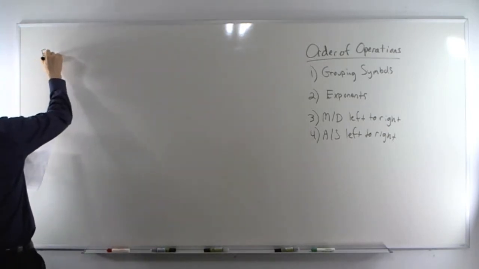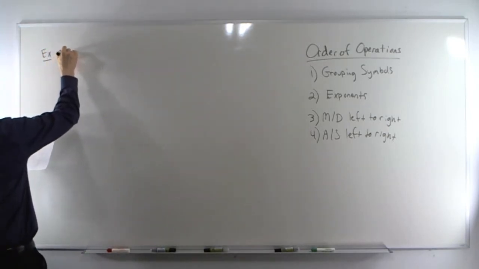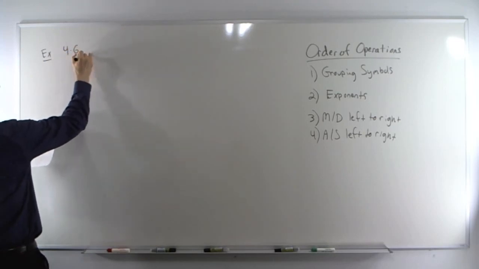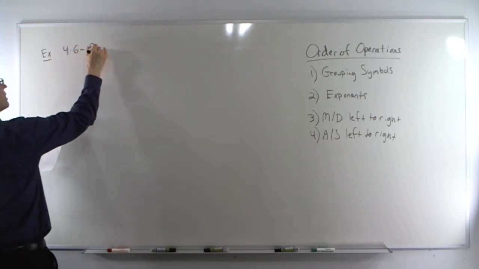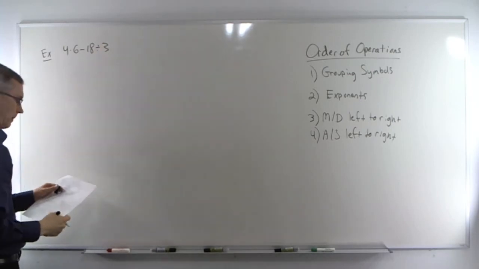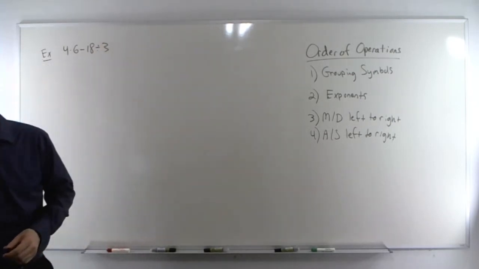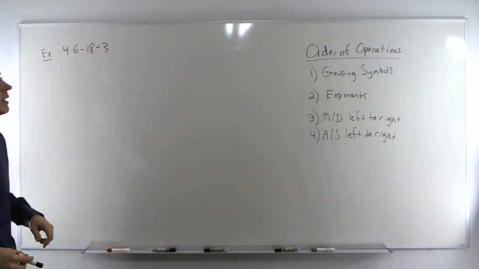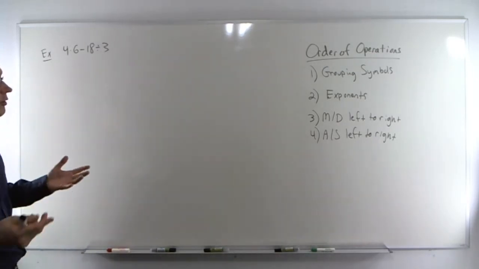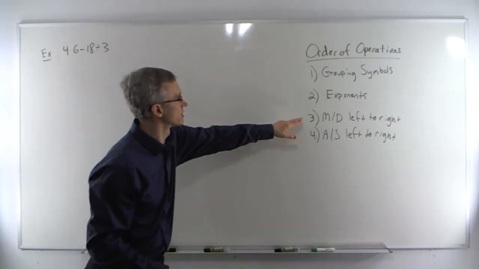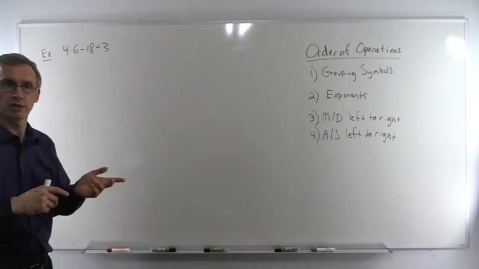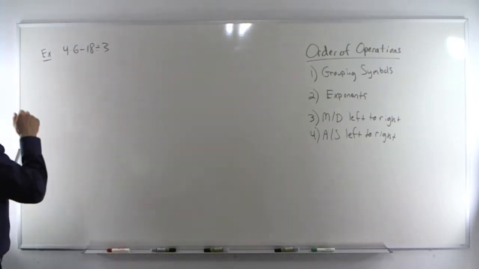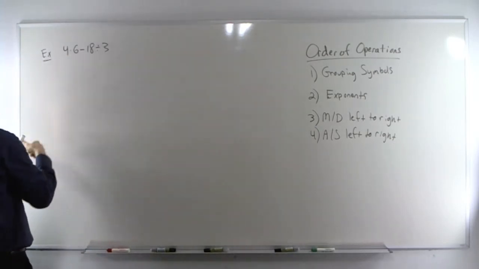So example here is 4 times 6 minus 18 divided by 3. So we have no grouping symbols and there are no exponents. So we're moving right on to stage 3, multiplication, division, left to right. So the first thing we should do is multiply these two together.